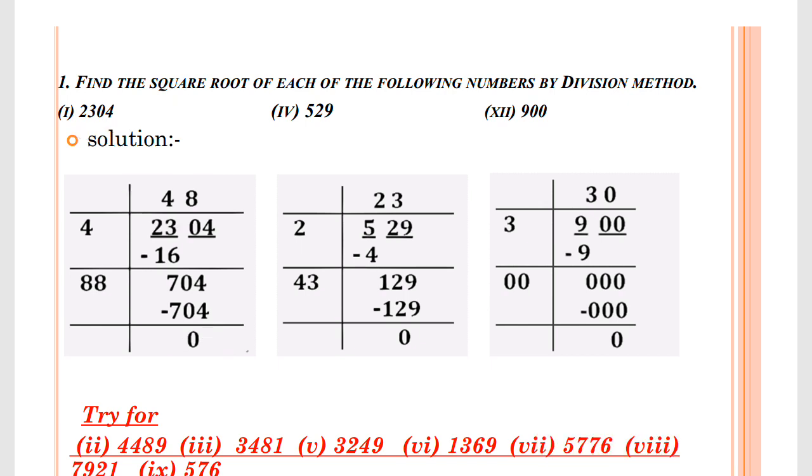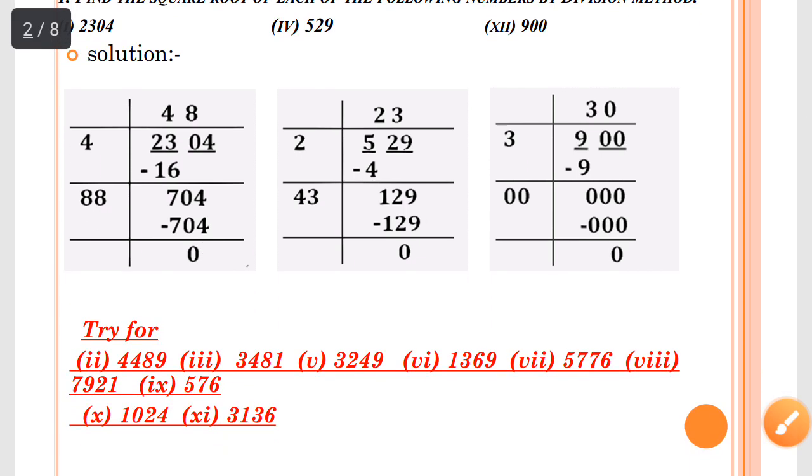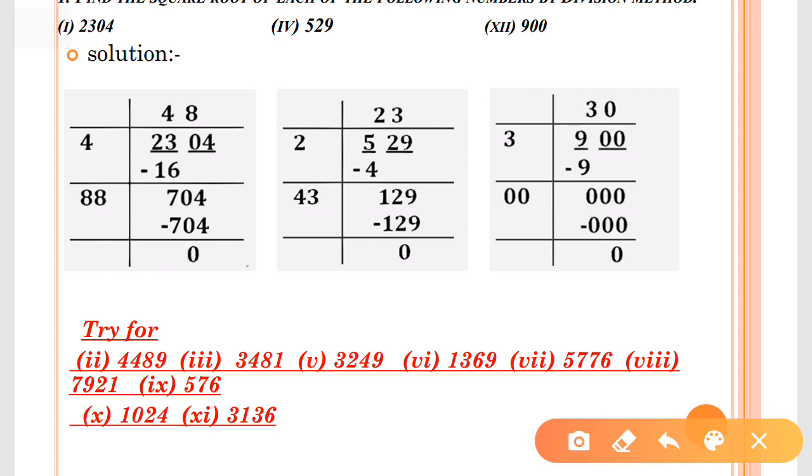Here similarly we can work for 529. We have to pair. So the first pair is 29 and the 5 is left alone. So now we will divide 5. So 2 2s are 4, and on subtracting 5 minus 4 we got 1, and now we will copy 29 here, and double the quotient. It becomes 4.